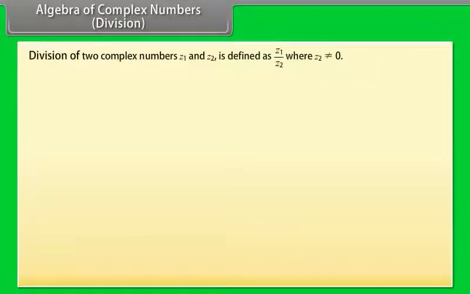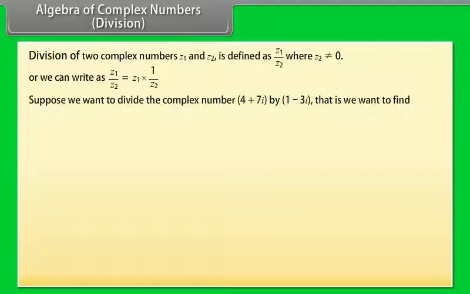Algebra of complex numbers. Division. Division of two complex numbers Z1 and Z2 is defined as Z1 by Z2, where Z2 is not equal to 0. Or we can write as Z1 by Z2 is equal to Z1 into 1 by Z2.